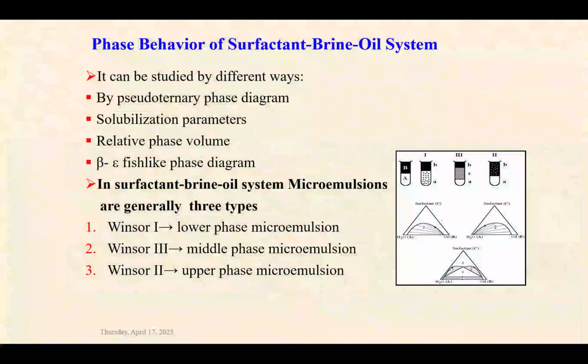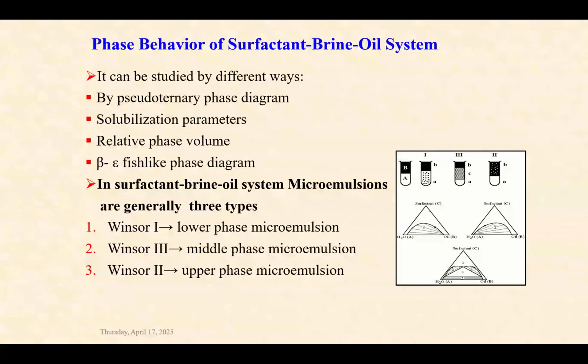Now for surfactant, Jeff mentioned that the surfactant very importantly forms the emulsion, and this emulsion, particularly the micro emulsion, is a very important mechanism to improve the recovery by lowering the interfacial tension.